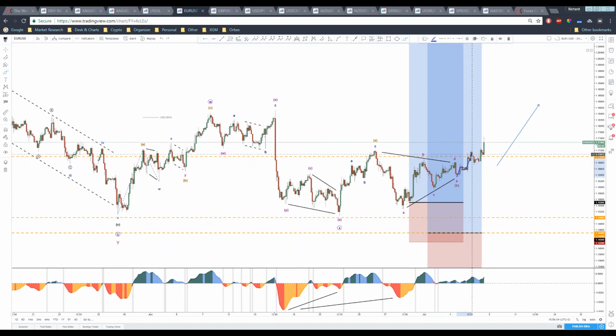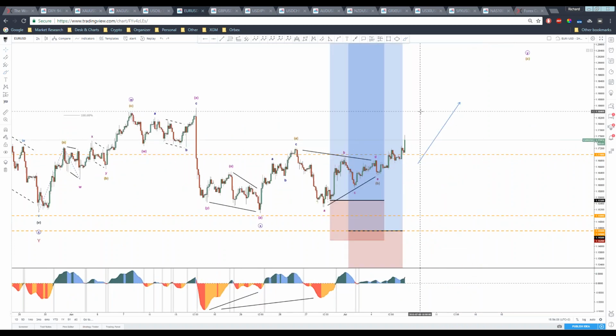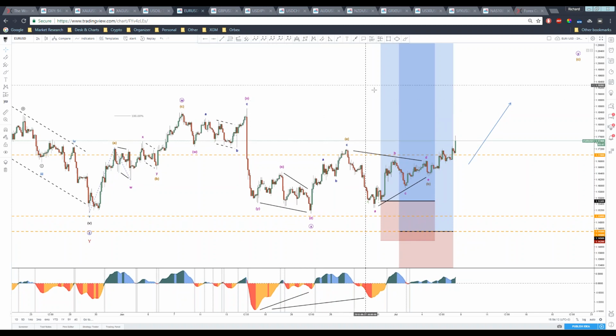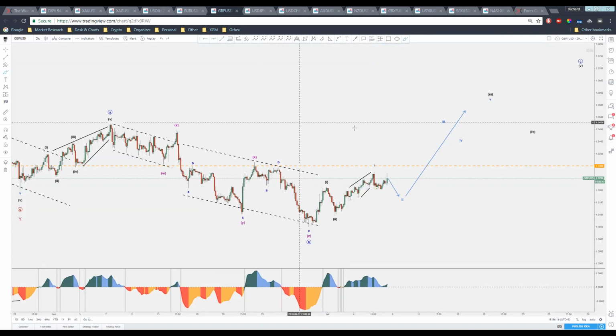Now it started moving upwards and I left it alone for a while and I saw these swings, and it pretty much looks like a possible extension in this C wave. We'll see if this occurs, right? Bullish signs on the pound as well because this kind of looks like a leading diagonal.